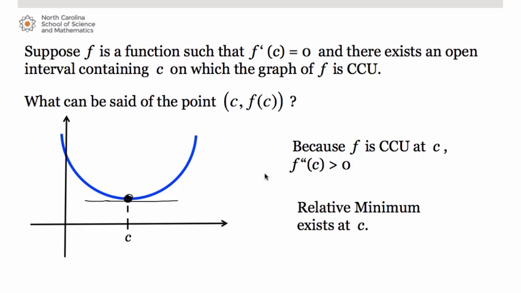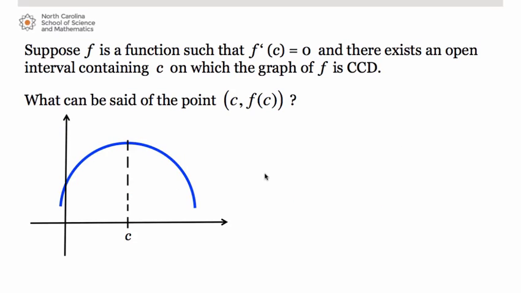So let's look at the other case. Suppose f is a function such that f prime of c equals 0, and there exists an open interval containing c on which the graph of f is concave down. Now again, because f prime of c equals 0, we still know that at the point c we have a horizontal tangent line.